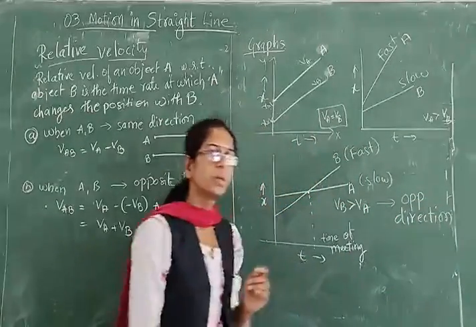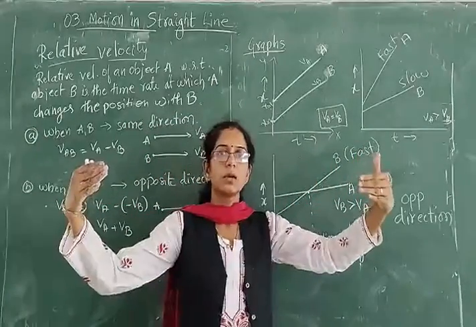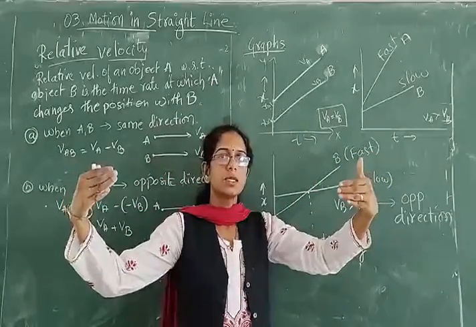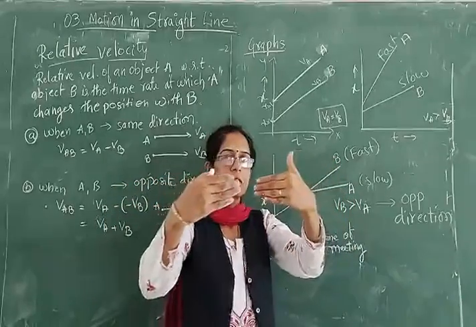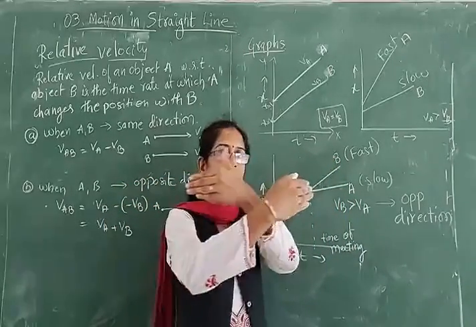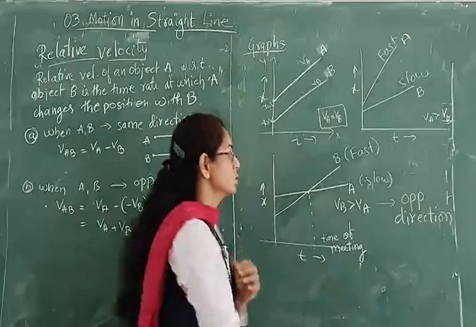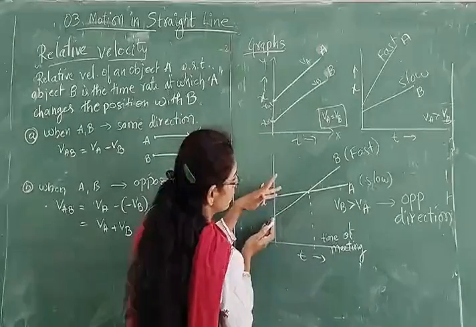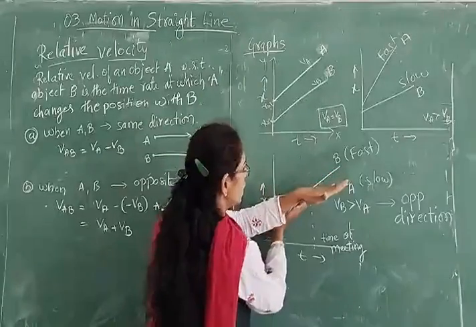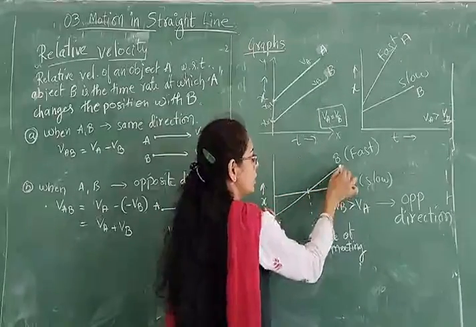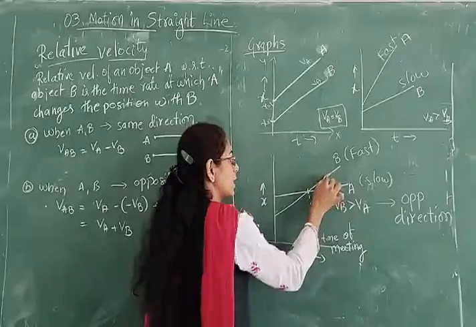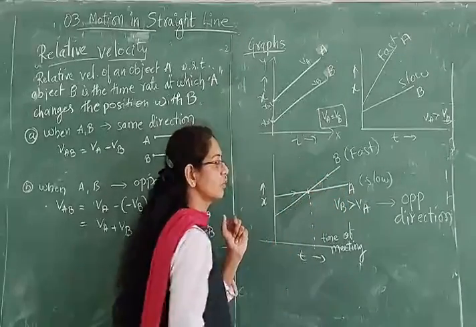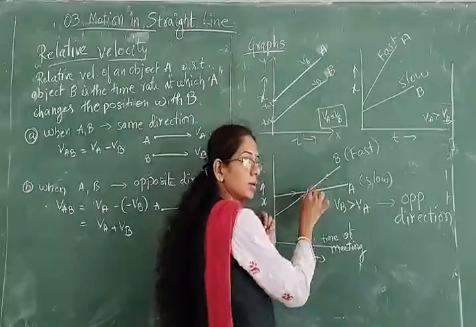Opposite direction means A is here, B is here, they have certain velocities, they come closer and after a certain time they meet and again move apart from each other. So this is the case. A has a certain displacement at time t, it moves like this. B comes and its direction is like this. They meet at a certain time.